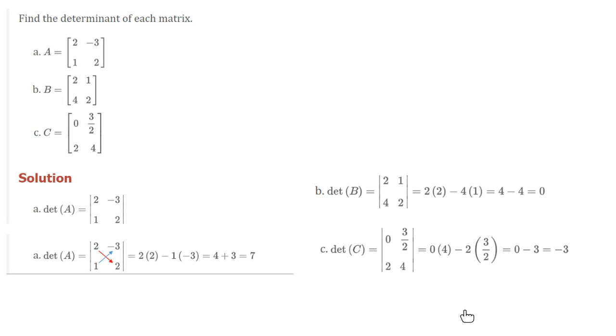So if your determinant is equal to 0, then that tells you that your matrix won't have an inverse. So if your determinant is 0, like in this case, that means this matrix will not have an inverse.